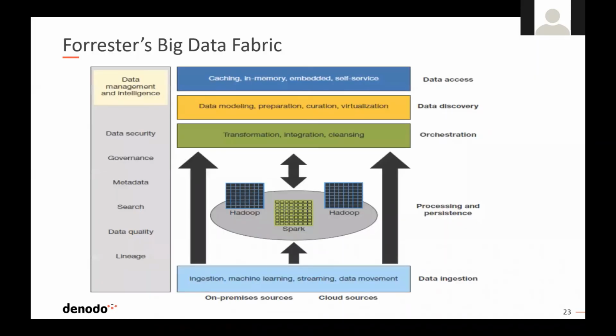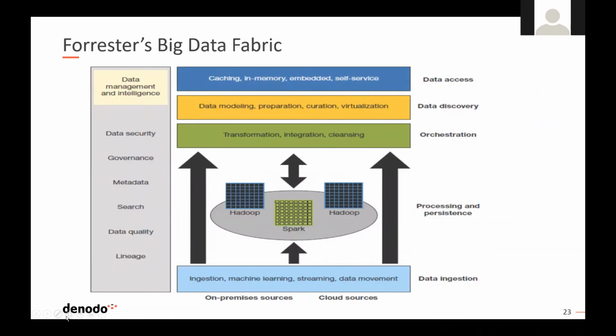If we take a look at the Forrester Data Fabric diagram, you can see here across the bottom, we have our on-premise data sources and our cloud data sources. They're all being streamed, in this case, into Hadoop engines, which are then going through a transformation, a data modeling, and a caching layer before they're then delivered out to the consumer.